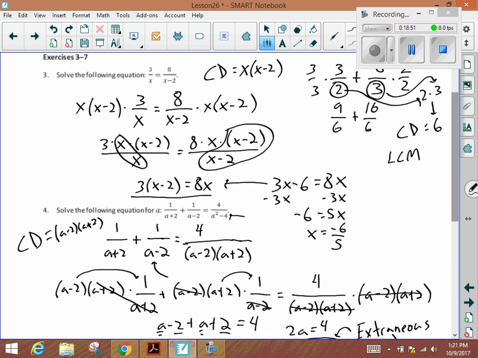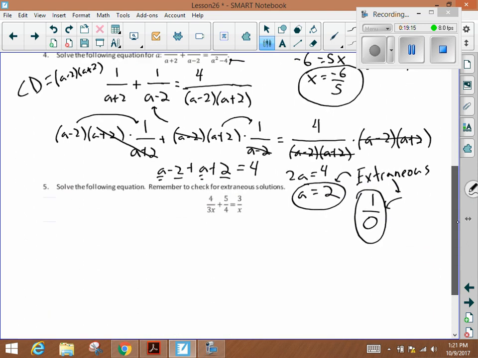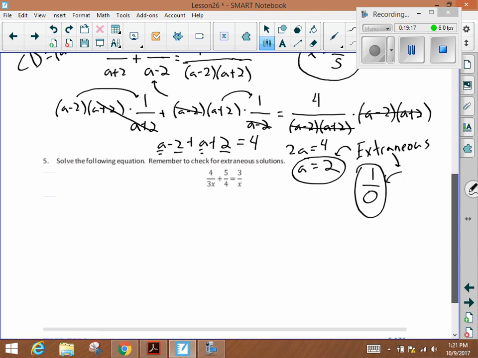Is it the case that if I was to plug in x equals negative 6/5 either in here or in here, would I wind up dividing by 0? Well, I wouldn't. I wouldn't divide by 0. So it's okay, we'll keep it. It's going to be okay. It's not extraneous. Right? Extraneous. That's what we call it.